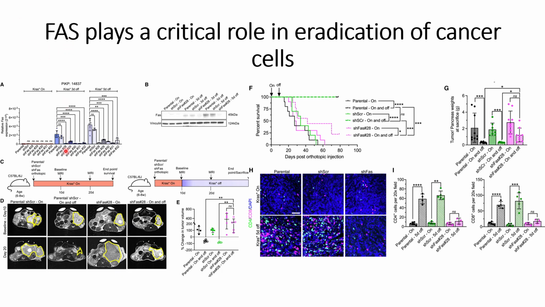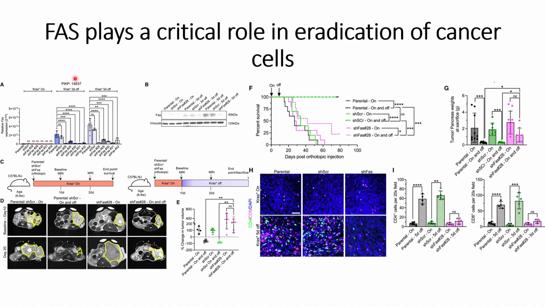Those results are shown in this panel A, where when the KRAS mutations are on, I do not see any difference in the FAS receptors, neither in the parental case where no short hairpin RNA is used, nor in the case where FAS receptors are inhibited using short hairpin FAS RNAs. And for control, they used the scrambled short hairpin RNAs.